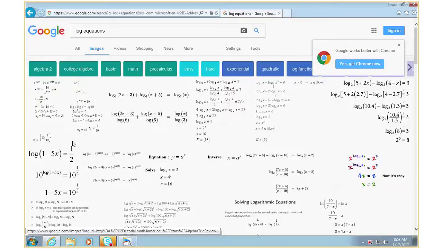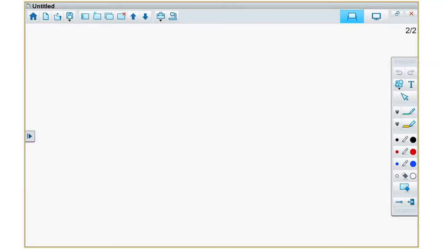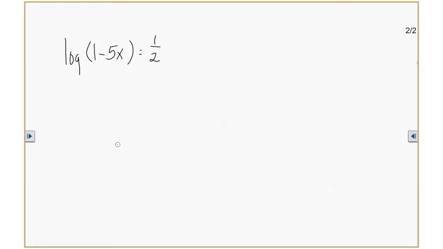Log of 1 minus 5x is equal to 1/2. Now, there's two types of equations.